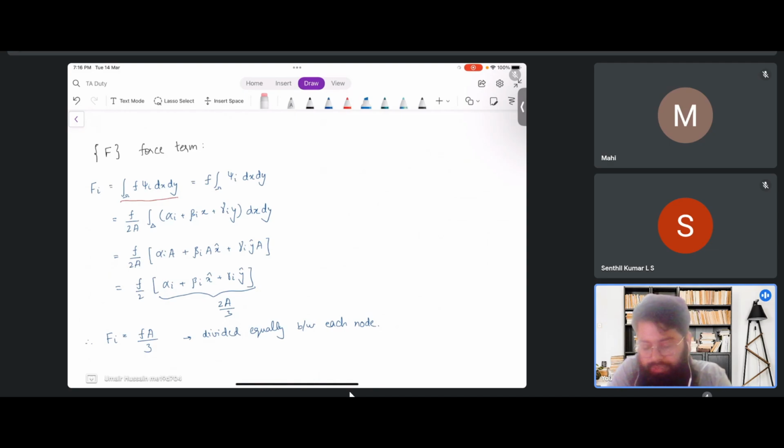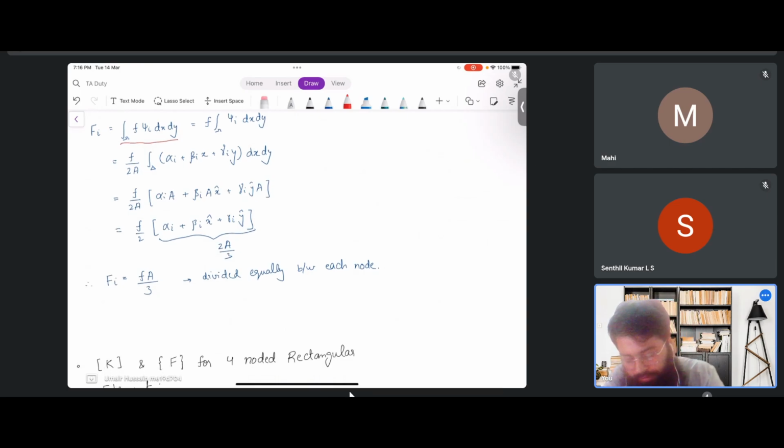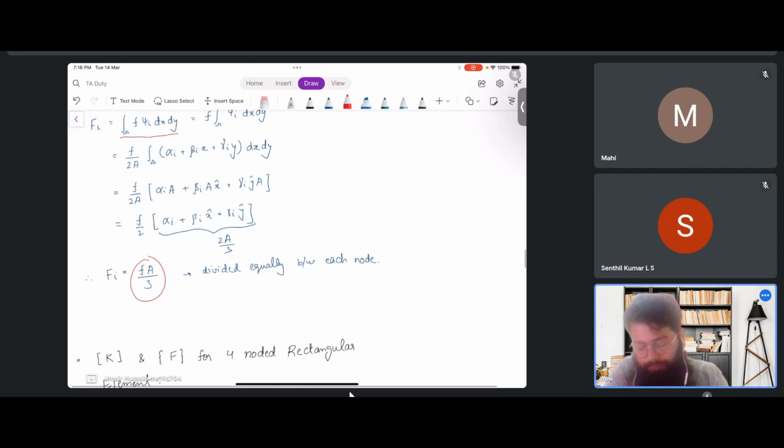Considering f to be a constant, it's simply the integral of our shape function psi, which, if we do this integration, gives a common value for all, fA by 3.